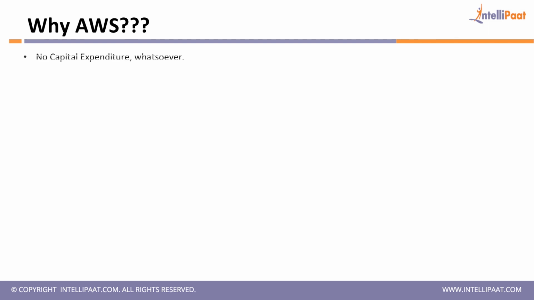And finally, why AWS? As you might have guessed, there's no capital expenditure whatsoever. What I mean by that is, if you have a corporate data center and want to start a new service or a new product, or open a new data center, there are a lot of things involved. You have to buy land, construct a building, have electricity, security, car parking, and so on and so forth.